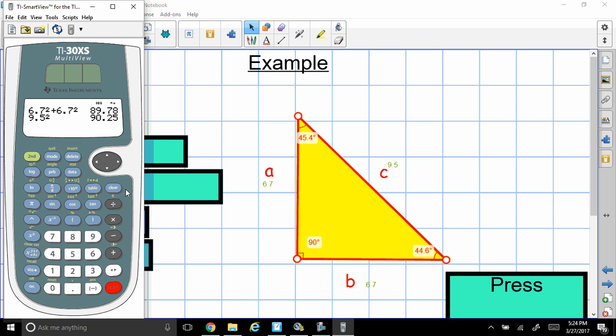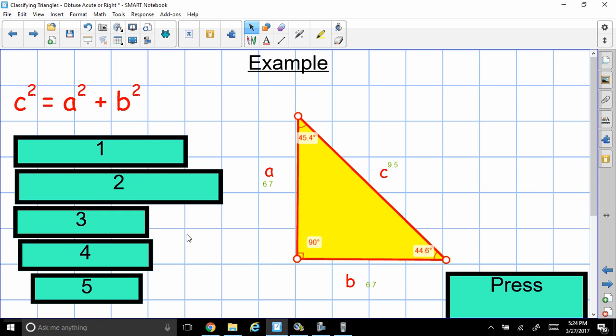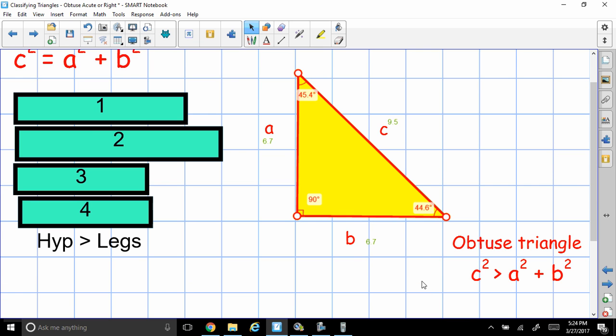So the hypotenuse is a little bit bigger than the legs squared, just by a little, but every little bit helps. So that means since the hypotenuse is greater than the legs, we have an obtuse triangle, because c squared is greater than a squared plus b squared.